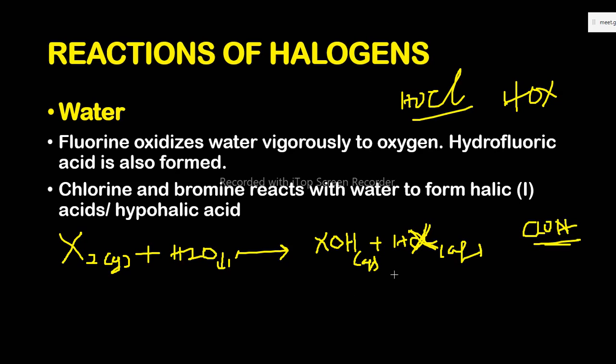So here, X can be Br and Cl. It is as simple as that. Is it balanced?